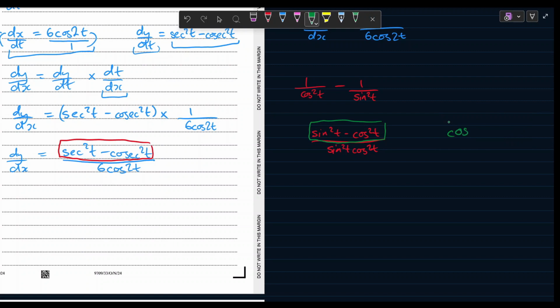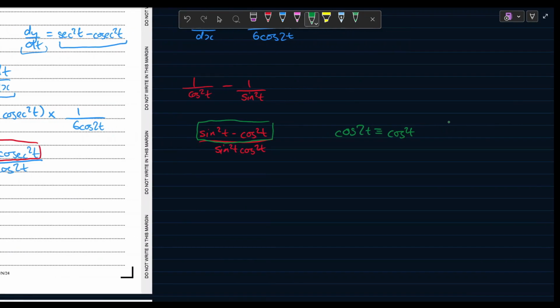So cos 2t would be identical to cos squared t minus sine squared t. So essentially, if we factored out a negative sign in that numerator, we'd have negative, cos squared t minus sine squared t, all over sine squared t cos squared t.